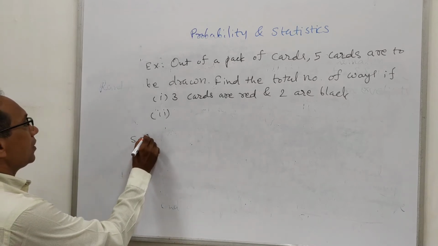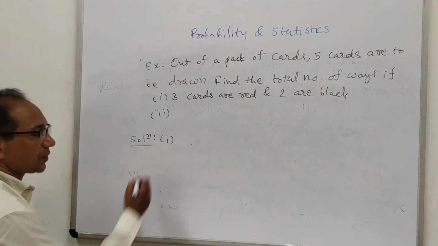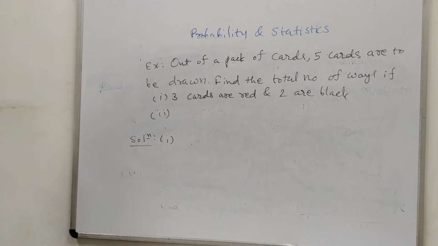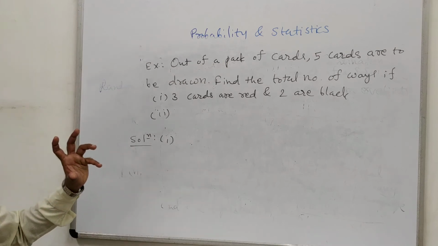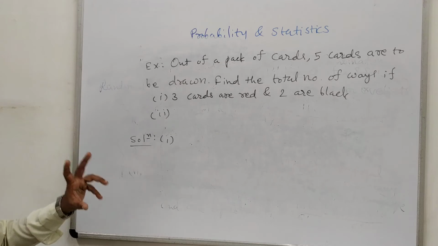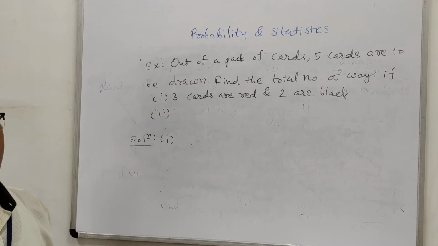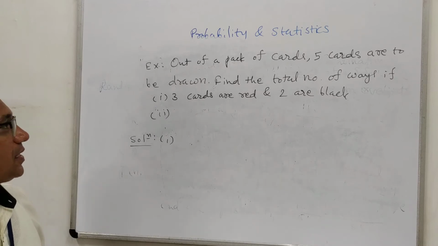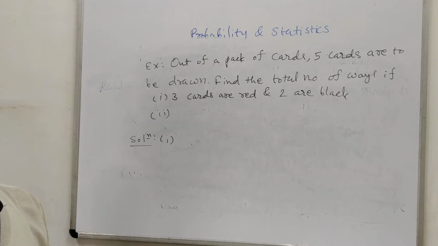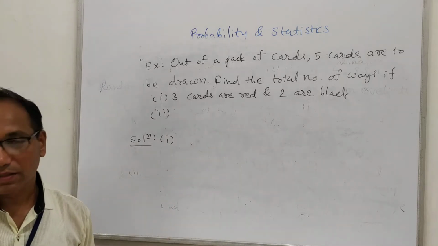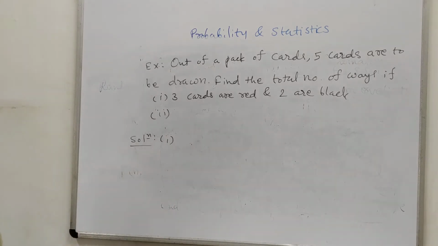So in the solution process, we should write that among the 5 cards, the first one shows that 3 cards are red. And we know that a pack of cards contains 26 red cards and likewise 26 black cards. So we can select 3 cards among the 26 and 2 cards among the 26, because the number of red cards and black cards is the same.